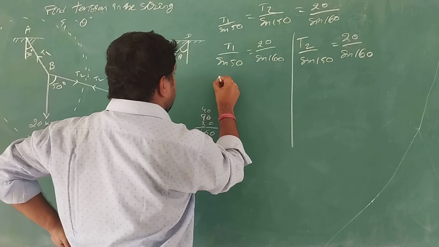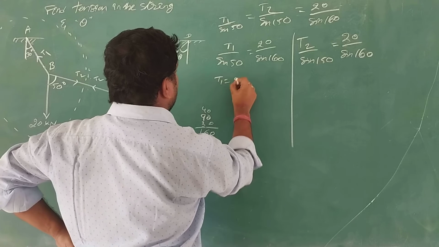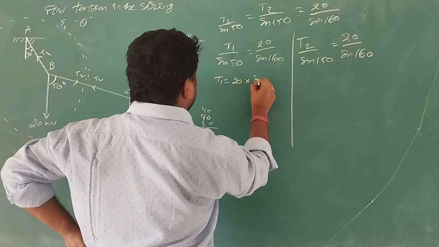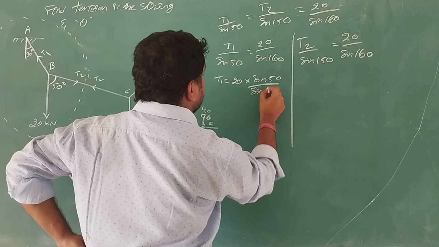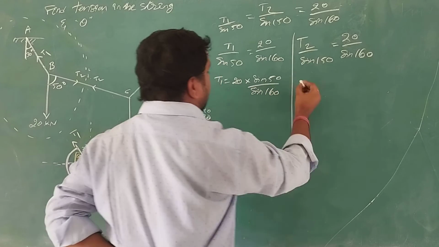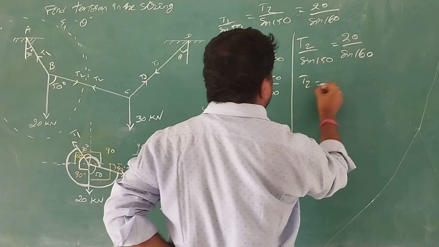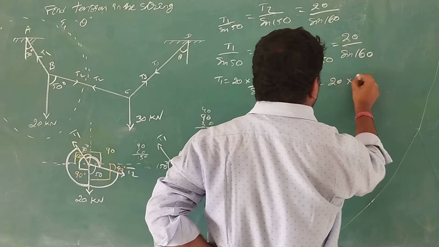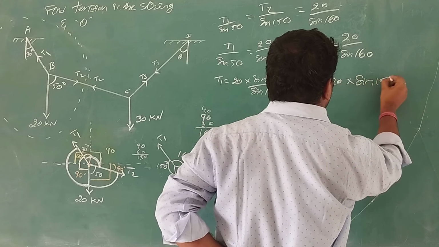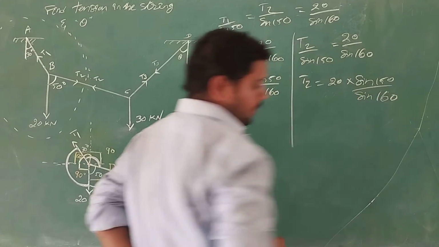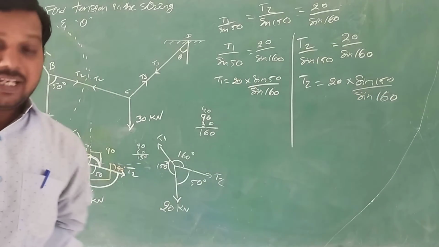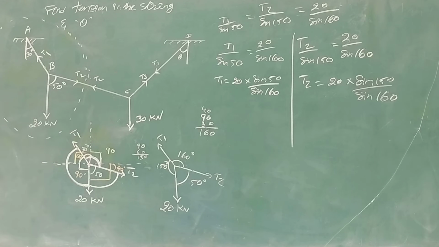From this you can find T1 is equal to 20 into sine 50 by sine 160, and from this equation you can find T2 as 20 into sine 150 by sine 160.